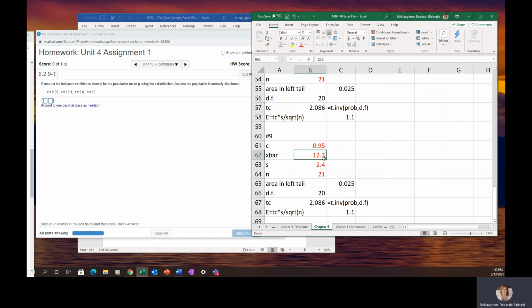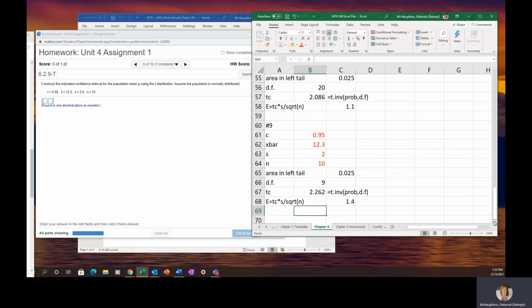C is 0.95, X bar is 12.3, S is 2, and N is 10. It updates everything for me since I inserted that row, so this is all still correct. And then it's calculating my error, which is T times S over the square root of N.